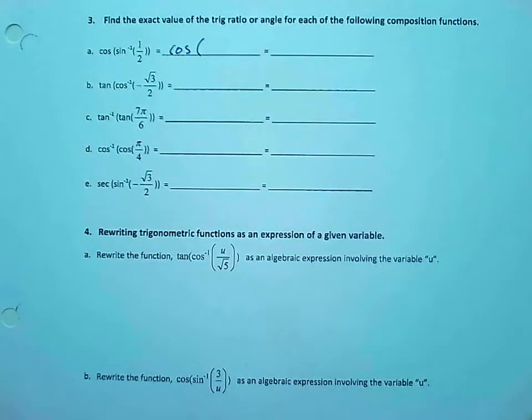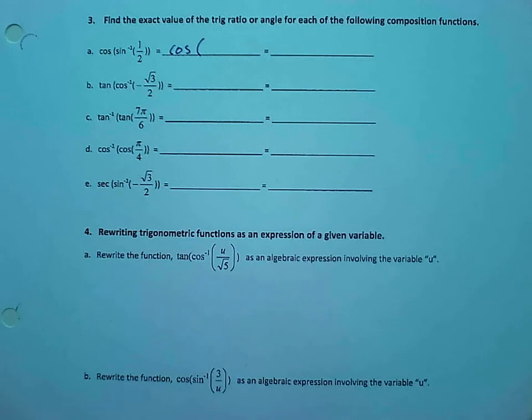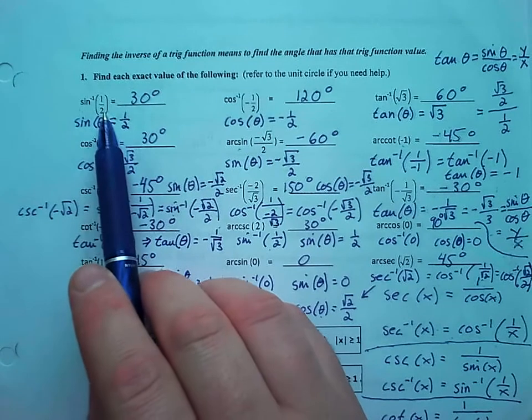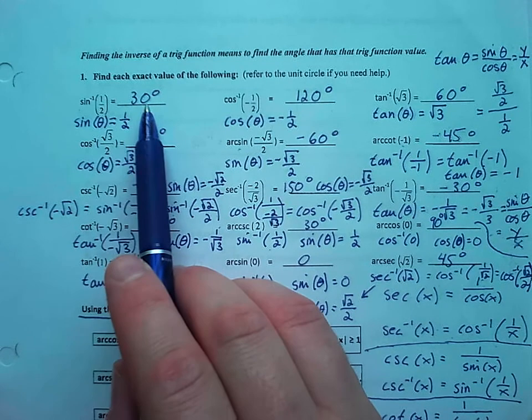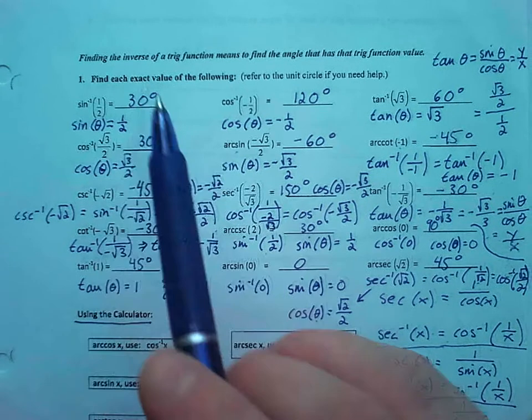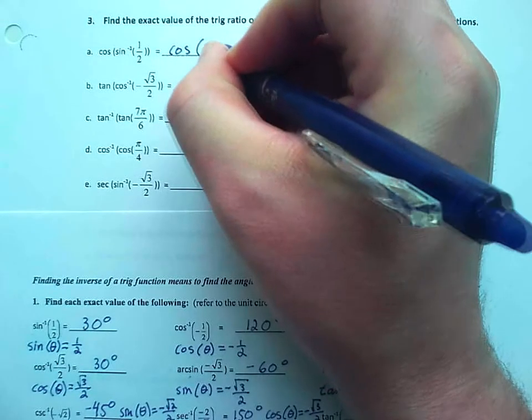So the arc sine of 1/2 is, now if you remember, we already did this on the previous page. The arc sine of 1/2 is the same thing as 30 degrees.